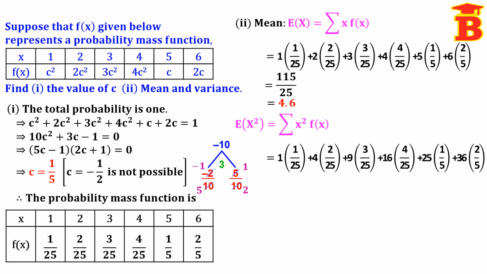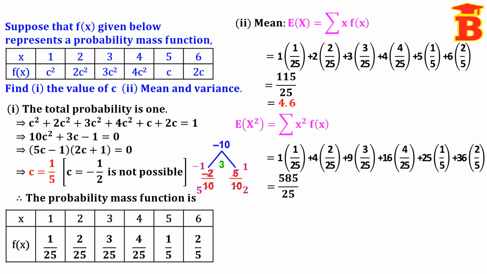For this the easy method is just we can repeat this step here. Only thing is we have to square the first terms. 1 square 1, 2 square 4, 3 square 9, 4 square 16, 5 square 25, 6 square 36.